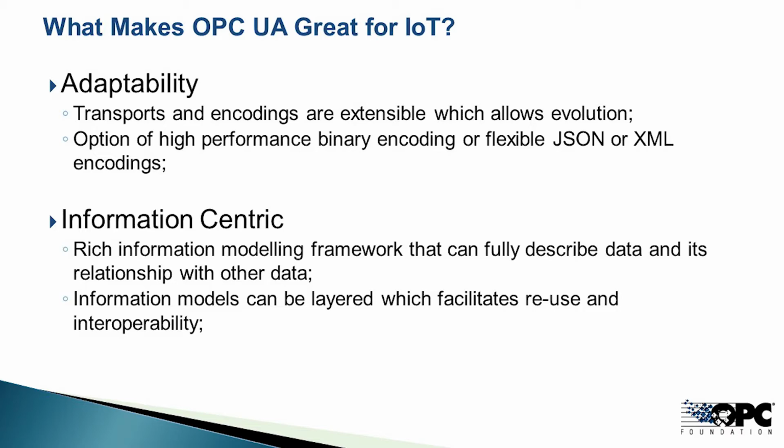They would rather get XML or JSON. So OPC UA has the ability to take the data that is serialized in binary, but now serialize it in JSON or XML. And the open source stacks that are available have serializers that literally have a switch. Say, give me JSON, give me XML, or give me binary. It's easy to switch between the different encodings. And we've set up the specification to make that easy.